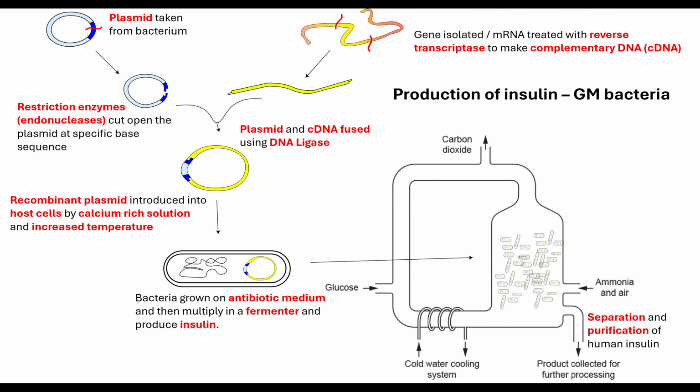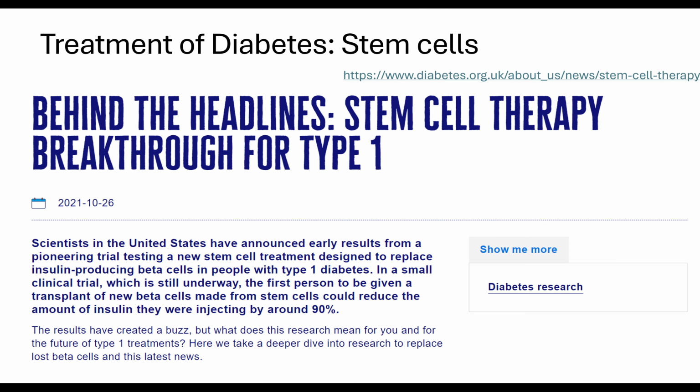So that is linking this to your module 6 manipulating genomes topic area. And the other treatment of diabetes is stem cells. So we know that stem cells have the capacity to go through mitotic division and differentiate. Well, there has been lots of research showing that stem cells can actually be reverted back to a potent stage previous to what they are now.